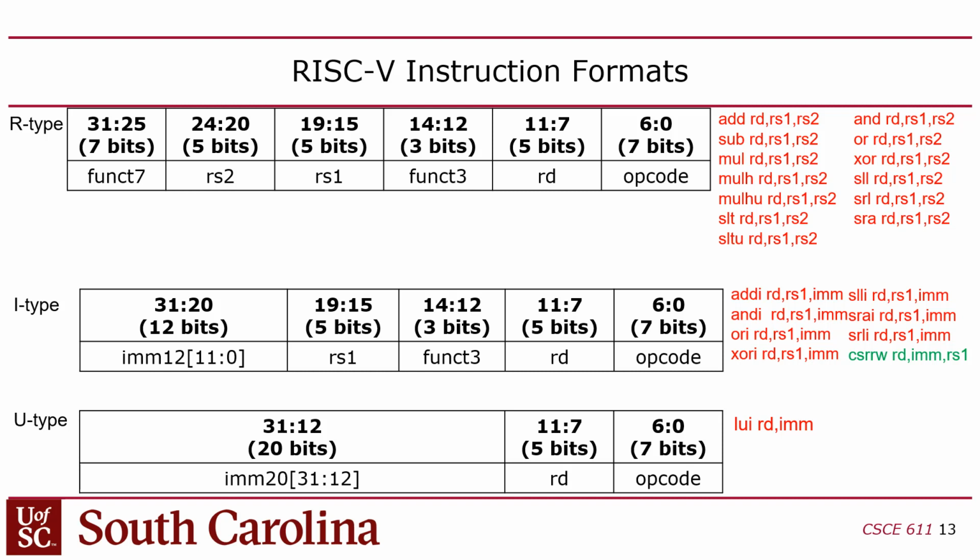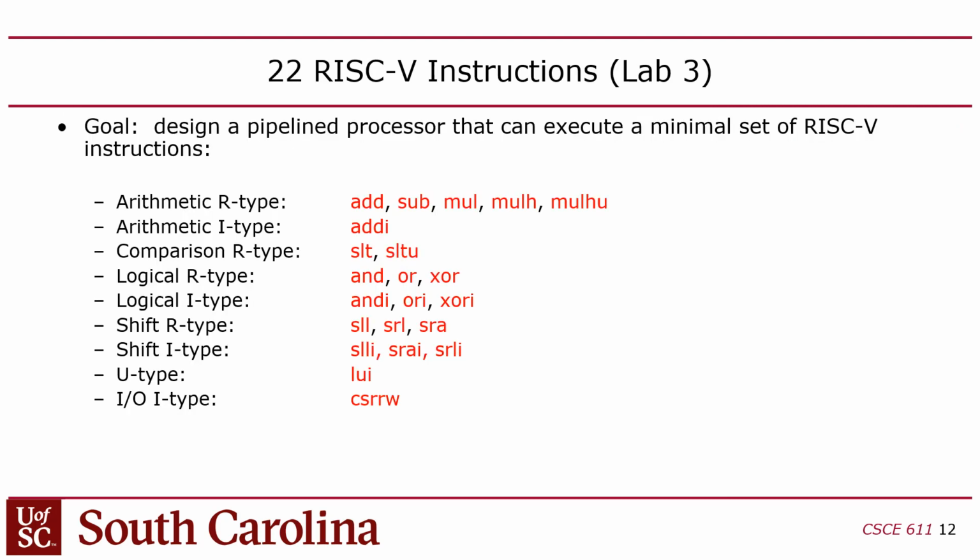So remember I mentioned that there was a shift and shift immediate? Actually, maybe I mentioned that, maybe not. Notice that there's shift left logical immediate, and there's shift left logical. In MIPS, if you did a shift left logical, the shift amount was an immediate put in the instruction.